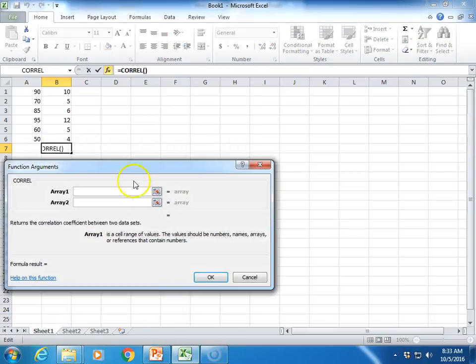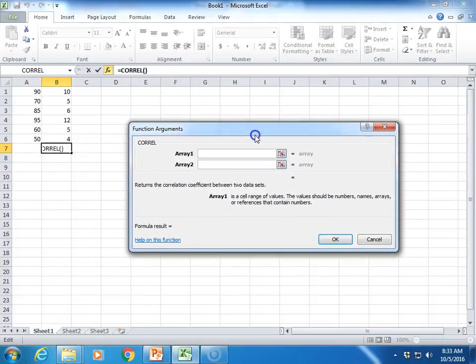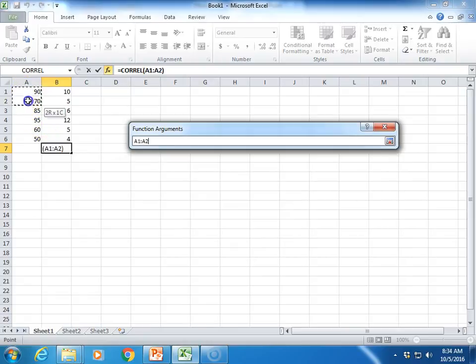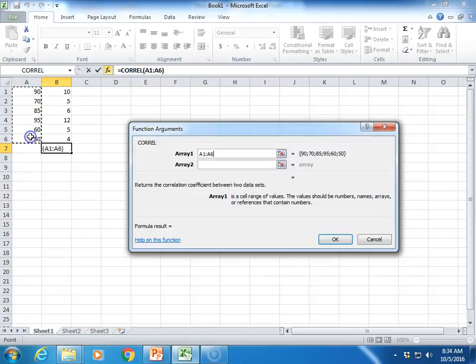Click OK. Let's move this over. And now Excel wants you to tell it where the data is. Where's your two variables? So array 1, when the cursor here is highlighted, you can just go to the first variable, click and hold your mouse, and it will tell the computer where your first variable is located, A1 through A6.